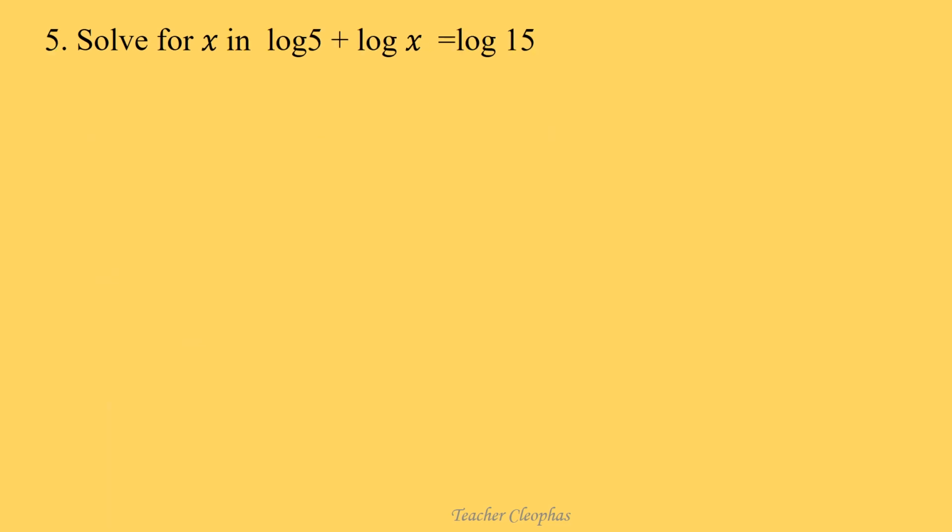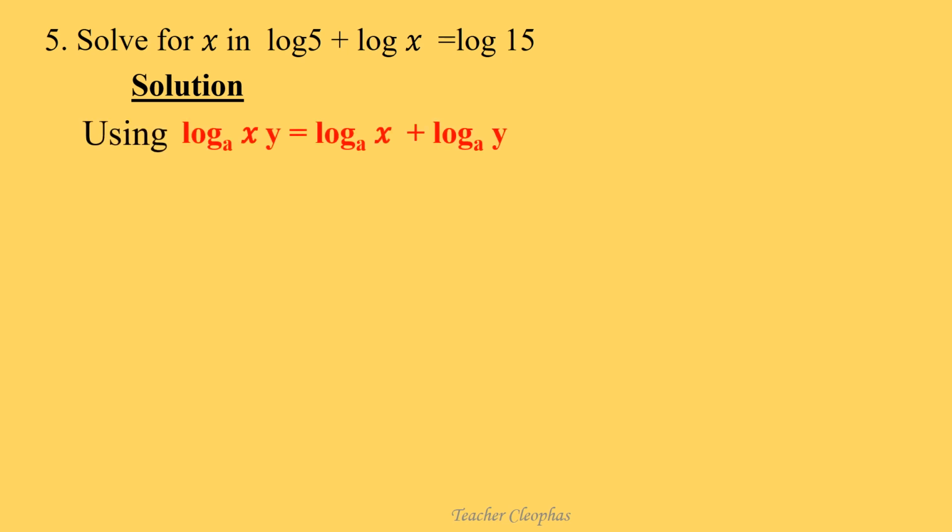Question 5. Solve for x given that the logarithm of 5 plus the logarithm of x equals the logarithm of 15. Solution. Using the law that states the logarithm of xy to base a equals the logarithm of x to base a plus the logarithm of y to base a, we can write the logarithm of 5 times x equals the logarithm of 15.